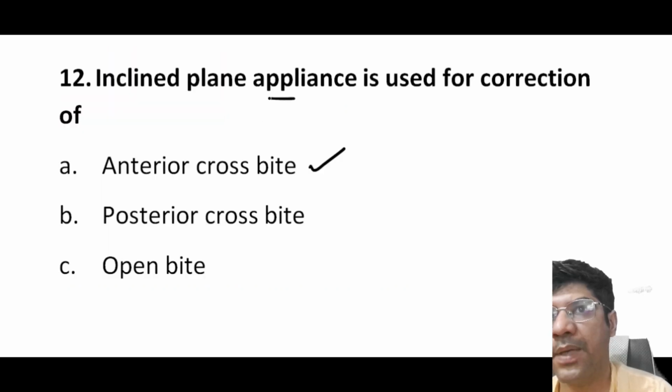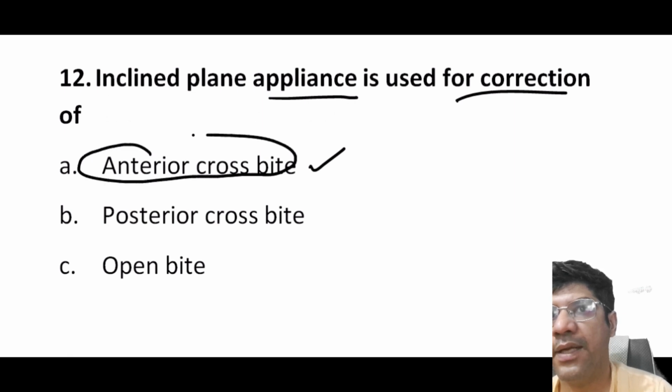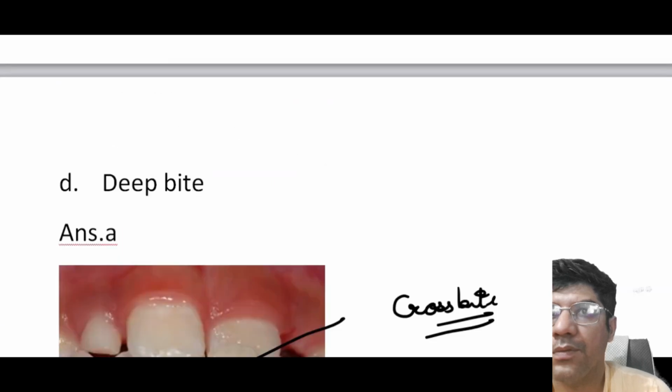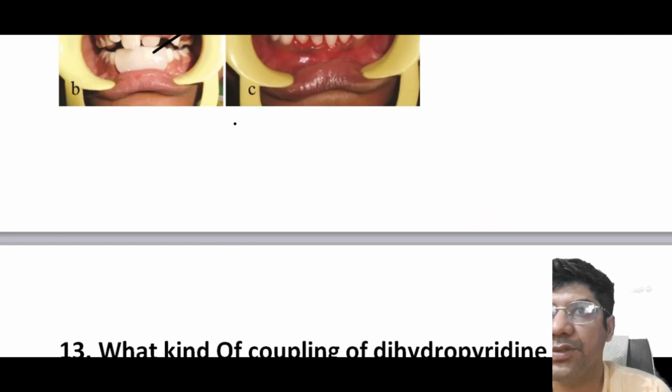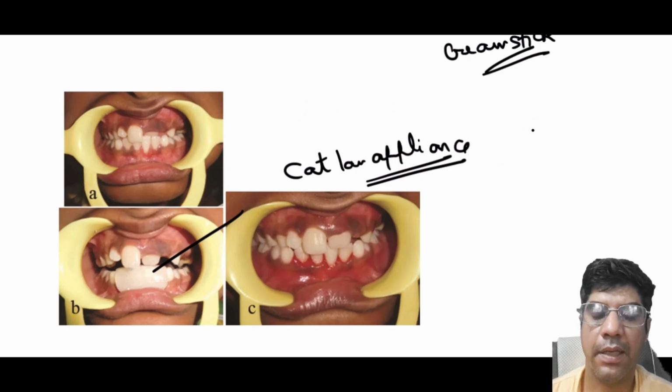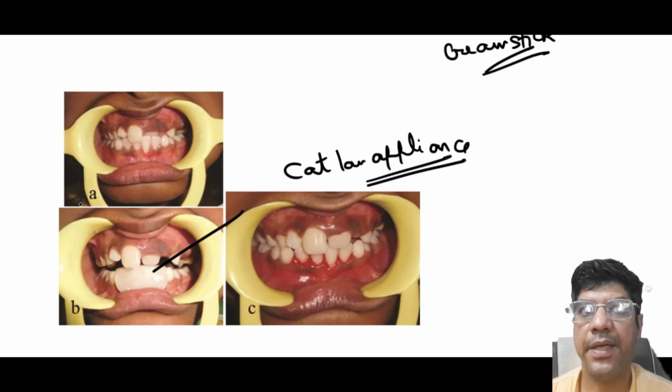The inclined plane appliance is used for correction of anterior crossbite. So this one is the anterior inclined plane that is cemented on the mandibular incisors.